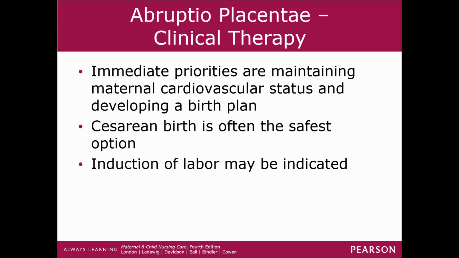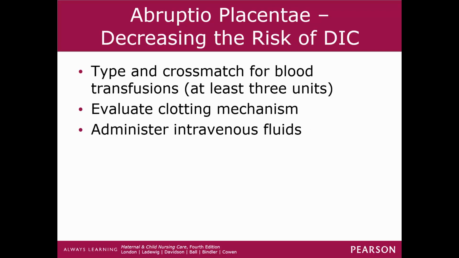If she's having a complete abruption, or even if it's a central abruption and delivery is not imminent, in other words, she's not even laboring, she's not even dilating, she's not even close to dilated or close to pushing, we'll need to go straight to C-section. If she is being induced, we've got to be very careful, because if we add more contractions to an already stressed attachment issue, then we might push them over the edge.